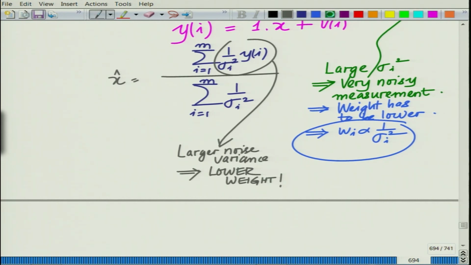That is the interesting aspect of this. It is also logical: those measurements where the noise variance is greater, you are ascribing a lower weight to them, weighing them by 1 over sigma i square. Naturally, if the variance is larger, the weight of that measurement is lower.